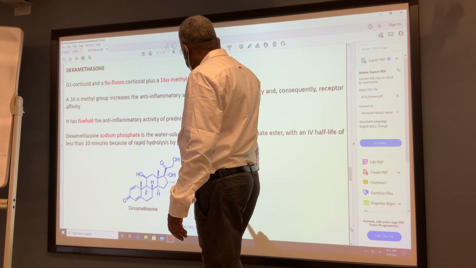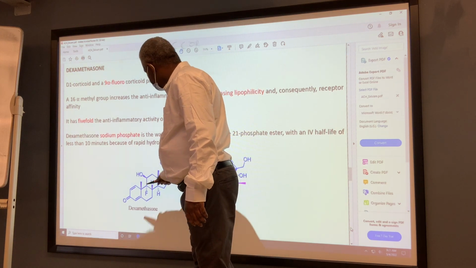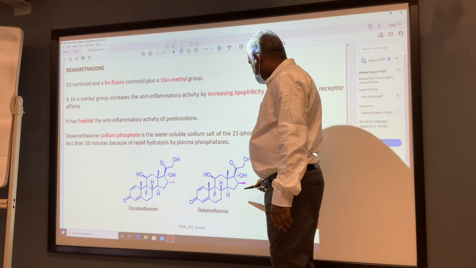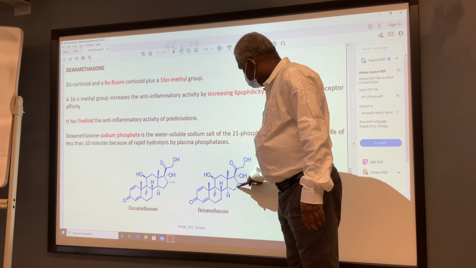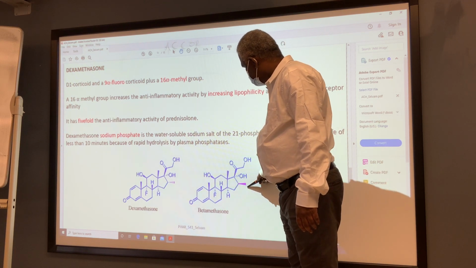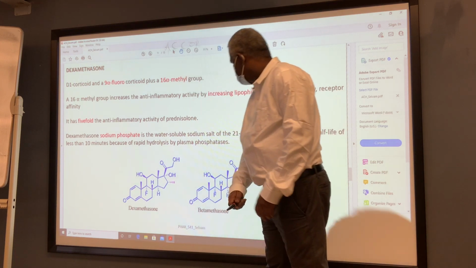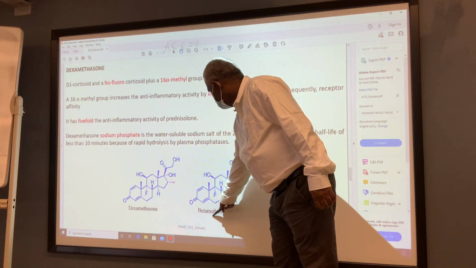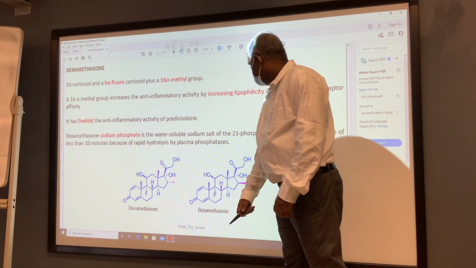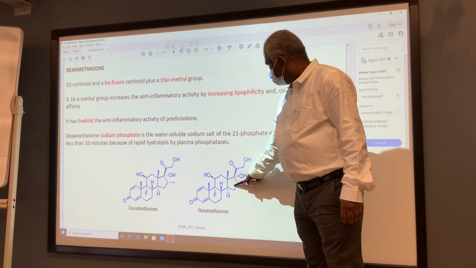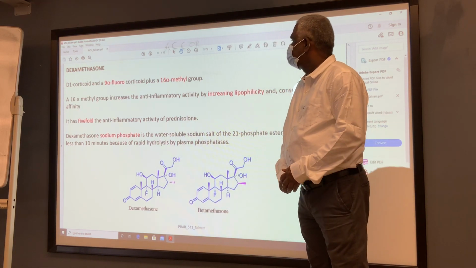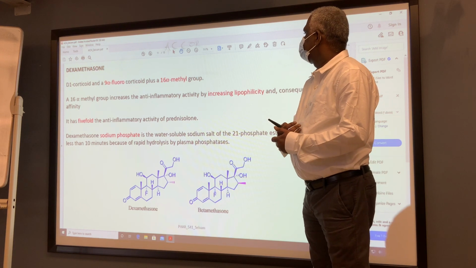When you have a carbon 16 alpha methyl, that is dexamethasone, and when it is a beta methyl, with beta stereochemistry, that is betamethasone. Betamethasone has a beta stereochemistry methyl group at carbon number 16.